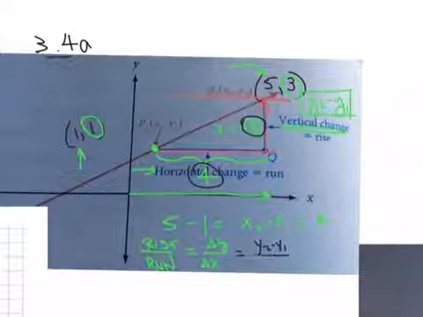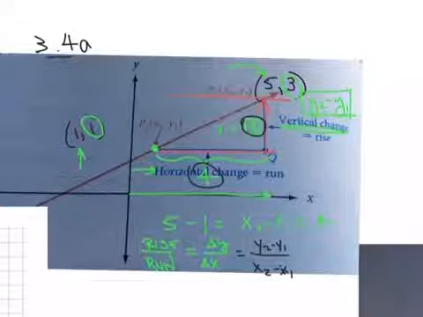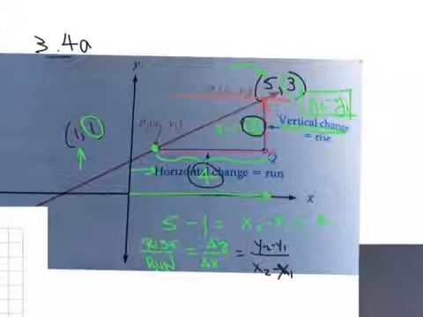You're going to have to just get used to doing these and understanding where this came from, and it may be a little confusing at first. One of the y's minus the other one, and one of the x's minus the other one, and the y always goes on top, the x always goes on the bottom.